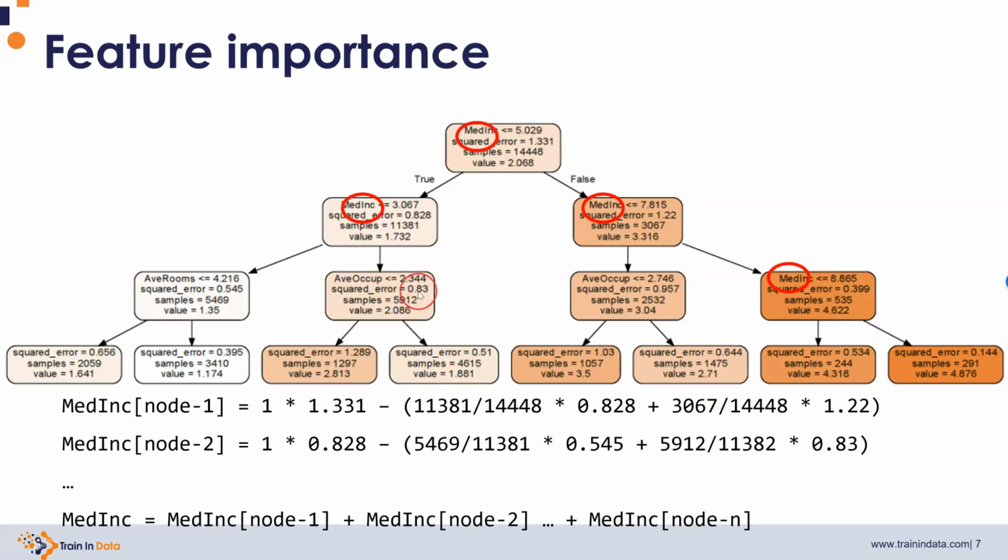And in order to obtain the total importance for median income, I need to repeat the exercise for this node and for this node, which I'm not going to do here. But basically, the median income importance is given by the median income of node 1, which is this one here, plus the median income of those two, plus this median income plus this median income.